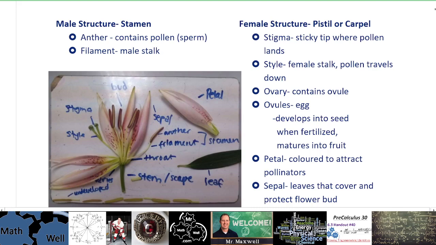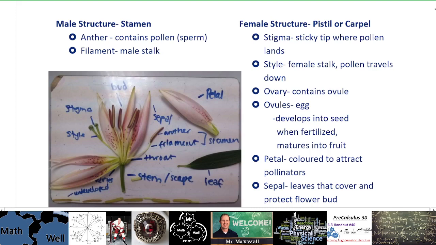The petal is colored to attract pollinators. So what are pollinators? Well, when you have a hummingbird, or an insect, or a bee or something like that, and they are trying to get some pollen here as well, but in the action of them walking around and flying around here, they actually cause pollination.